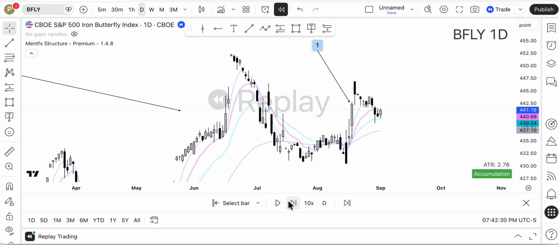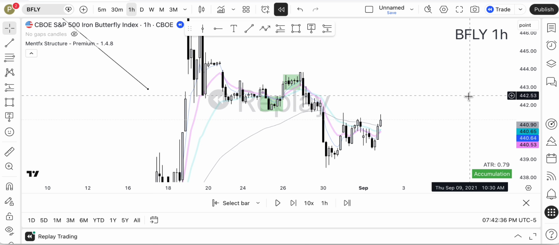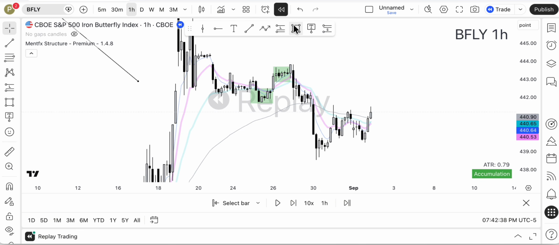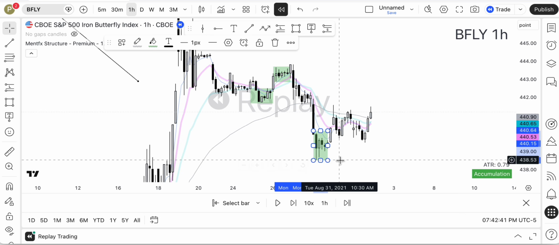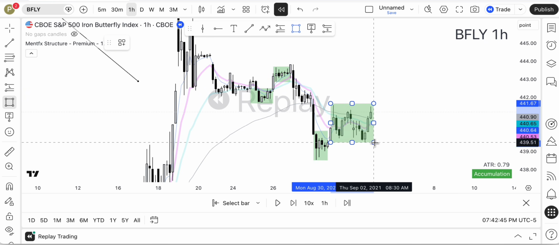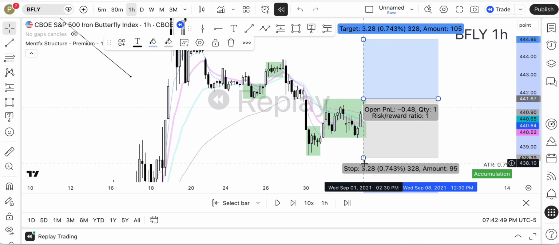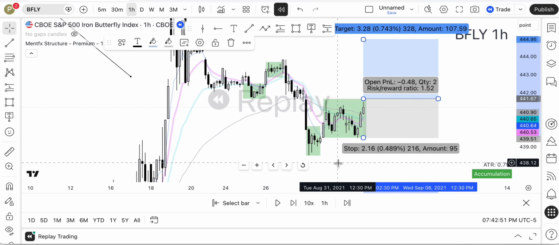Still MMB1 on the validation time frame. We do have a setup right here. That's pretty large of a trade to me.